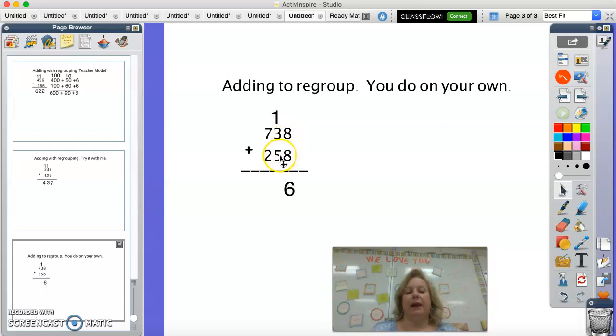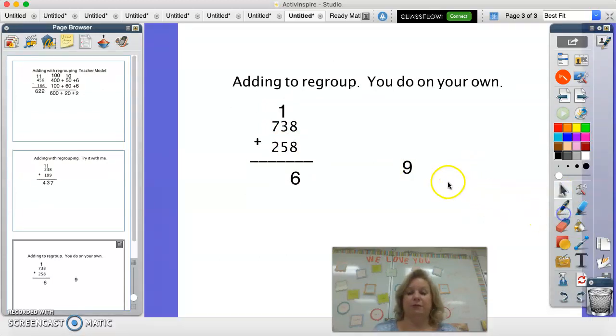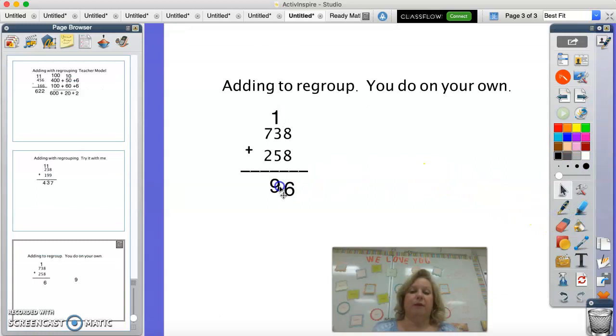Then I'm going to add 5 plus 1 is 6, plus 3 is 9. I'm going to put that under my tens because we're adding our tens place value now. And then I'm going to add my 7 plus 2, which equals 9 also. So my answer is 996.